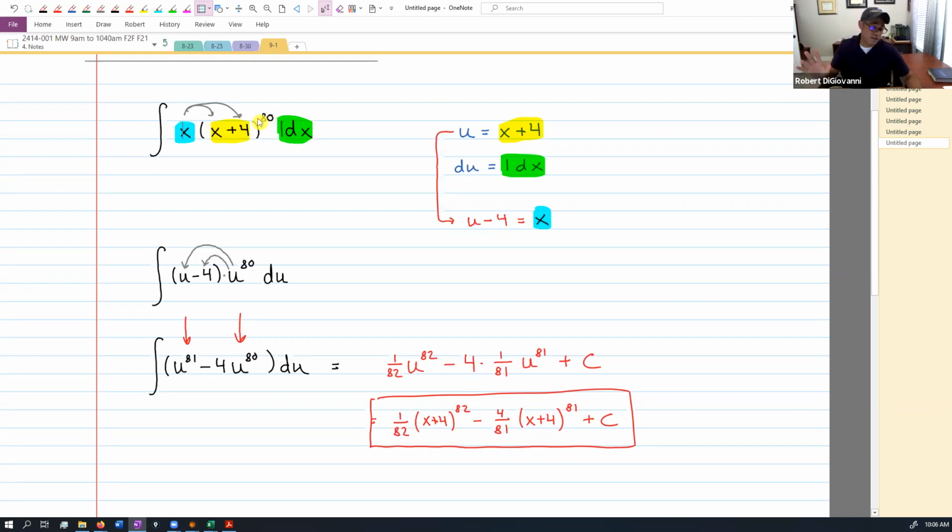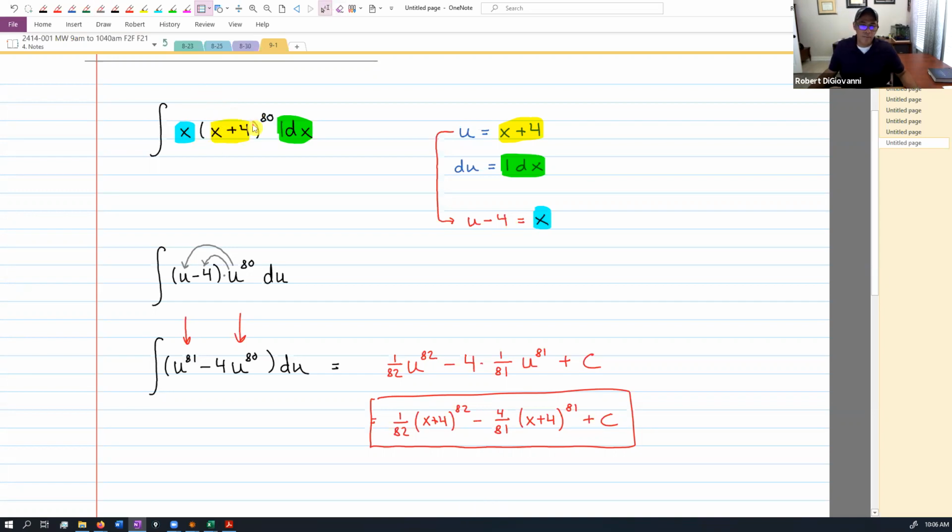And I don't think anybody in this class wants to do x plus 4 times x plus 4 times x plus 4, 80 times, and then pass an x through at the end. That would not be feasible by hand.